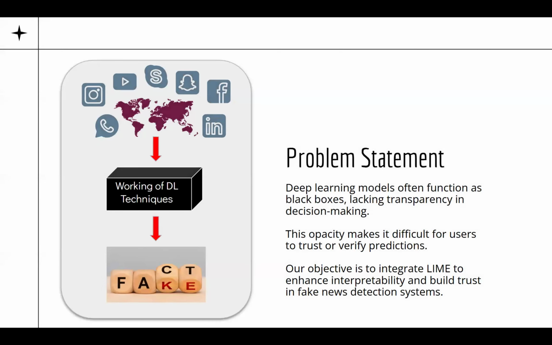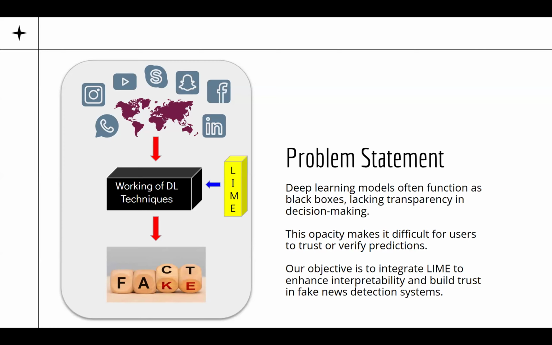Currently, we are collecting data from different social media platforms like Twitter, X, LinkedIn, Facebook, etc., and putting it into a deep learning model, which tells whether it is true or fake. But we do not know how these deep learning techniques work, because it is just numbers, and we cannot truly tell whether the model is biased or has variations.